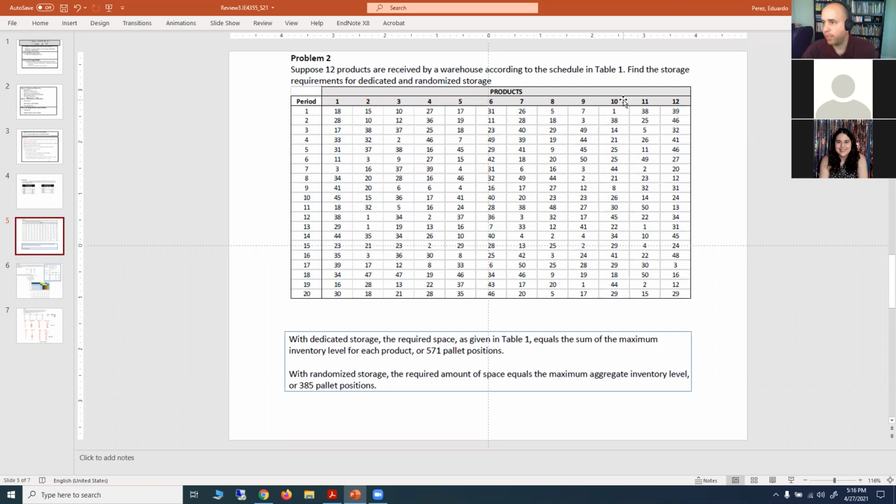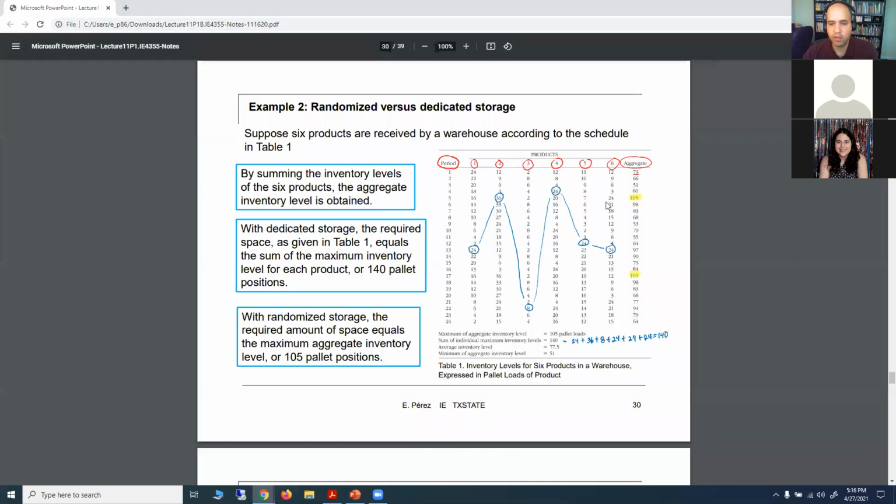With this in mind, since my pen is not working on the computer, what I decided to do was share the screen here with the way that I solved the problem we discussed in class. For the dedicated space, we want to make sure that we have enough space, right?